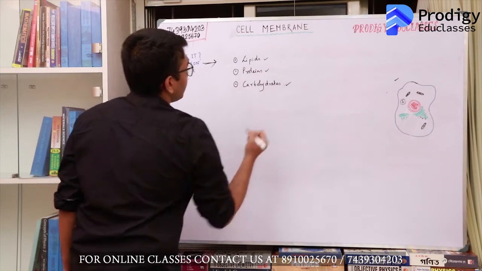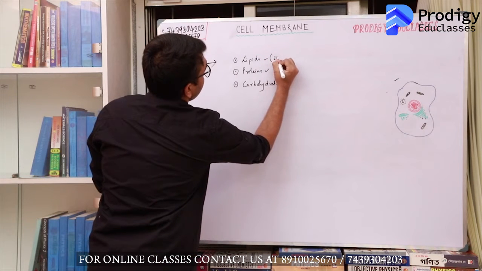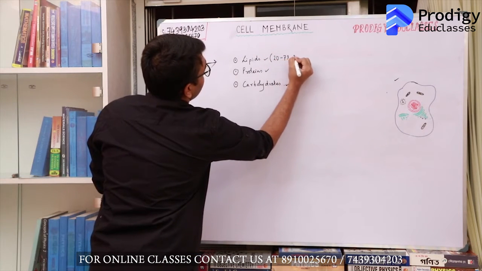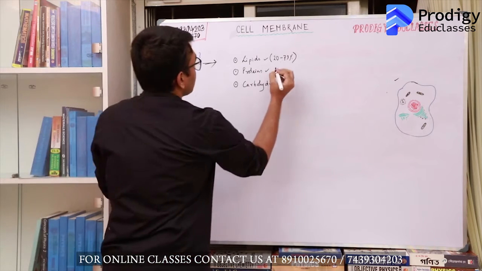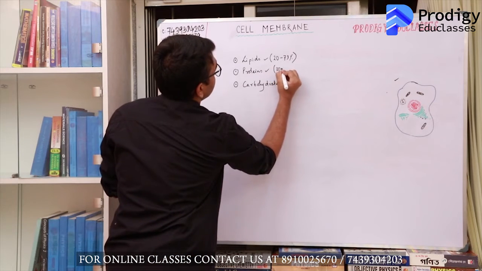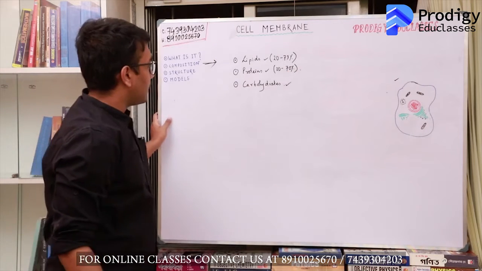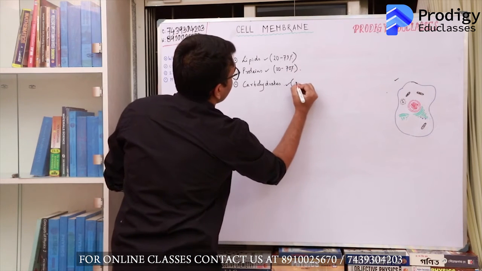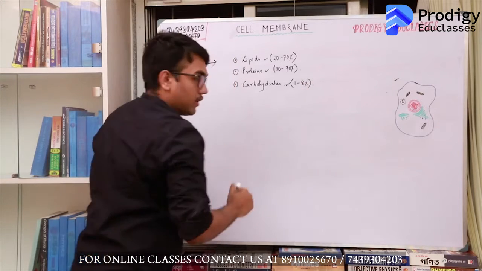Now, what about the different lipids? You'll find that lipids are about 20 to 80% in their constituent. Proteins also vary between 20% and 70% depending on the cell membrane. And carbohydrates are only present about 1 to 8% in the cell membranes.